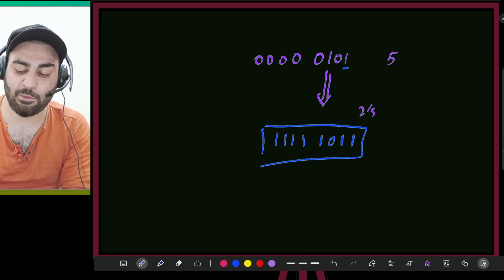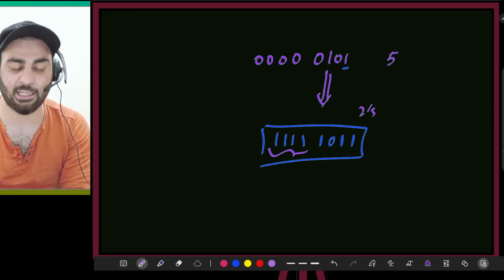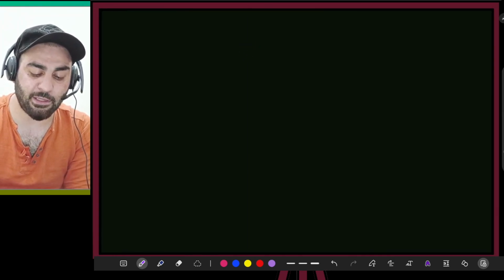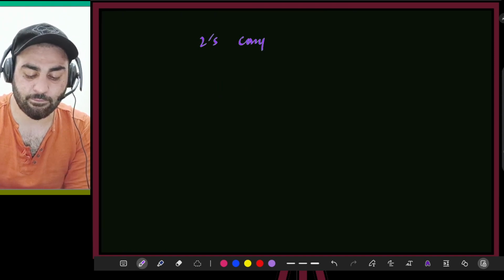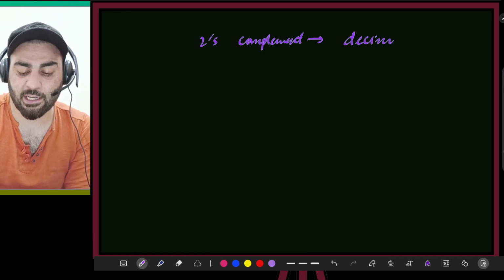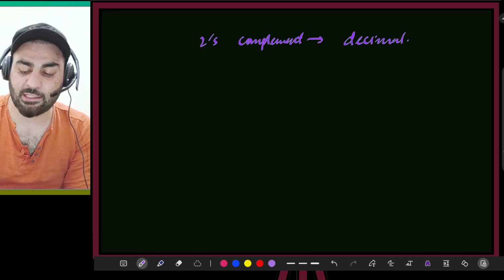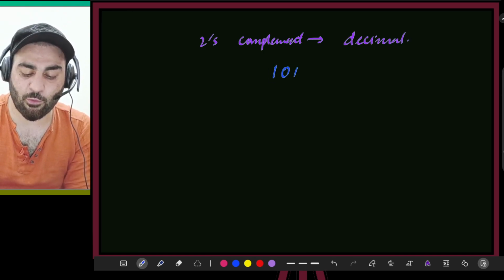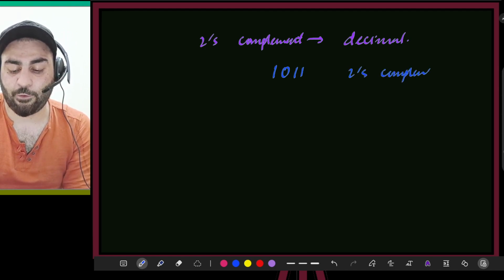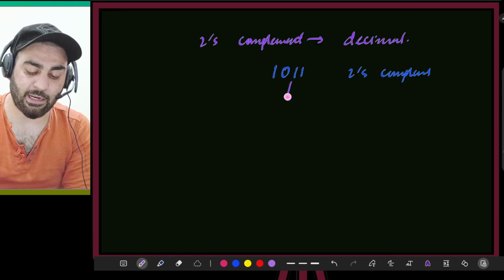And in 2's complement, I'll tell you that these ones mean nothing basically. If you have to go from 2's complement to decimal, there is again a conversion. So how do we do that? Let's suppose 1 0 1 1 is a 2's complement number.